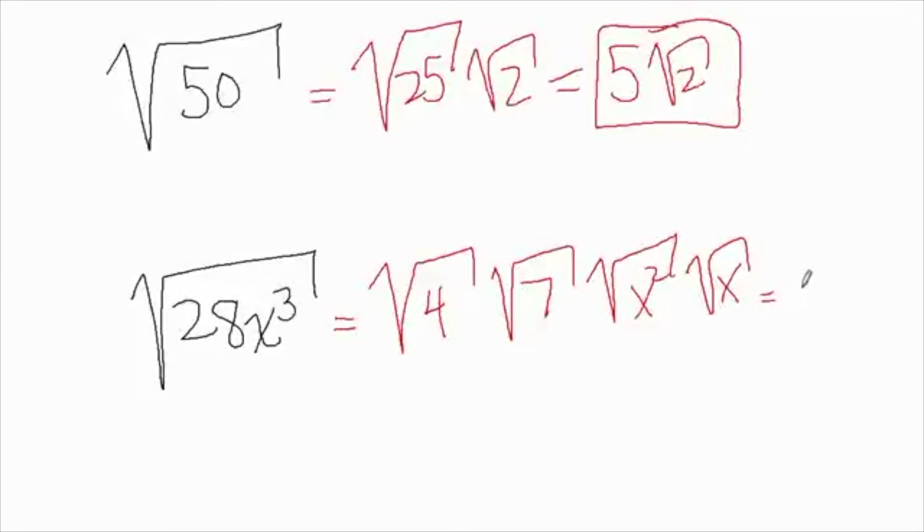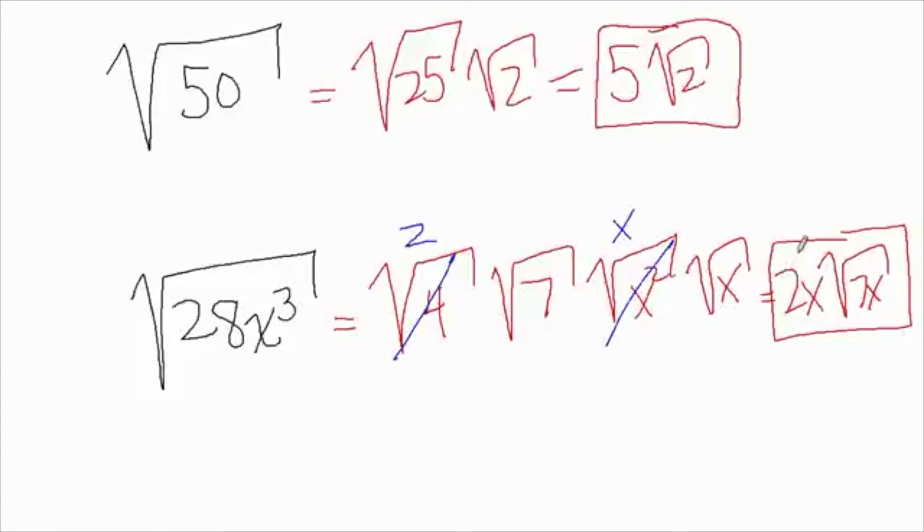That simplifies to, let's see, I'll show you how each piece simplifies. The square root of 4 simplifies to 2. The square root of x squared simplifies to x. So we get 2x times the square root of 7x.